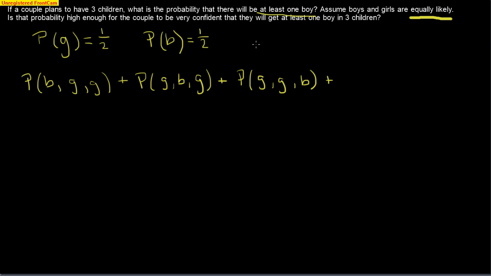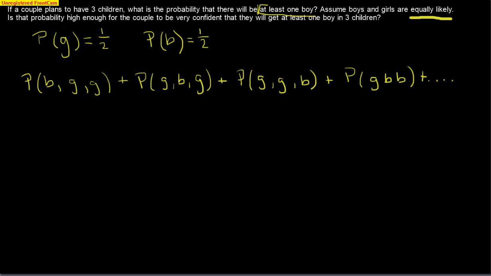Then we have to go through this all again, because you could also get 2 boys and 1 girl. You could get a girl, and then a boy, and then a boy, and so on. This could take a while to add up all the different possible ways to get at least one boy.